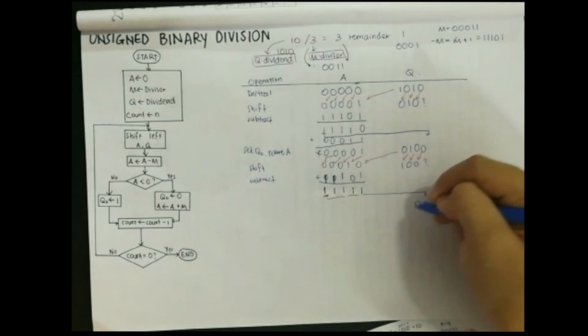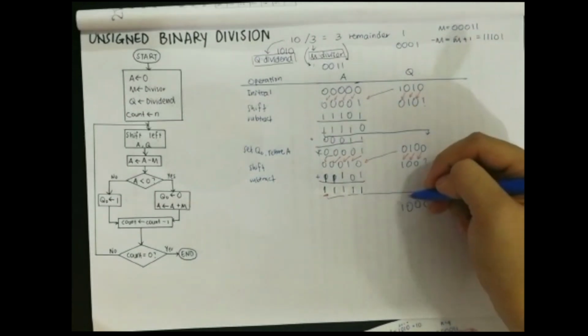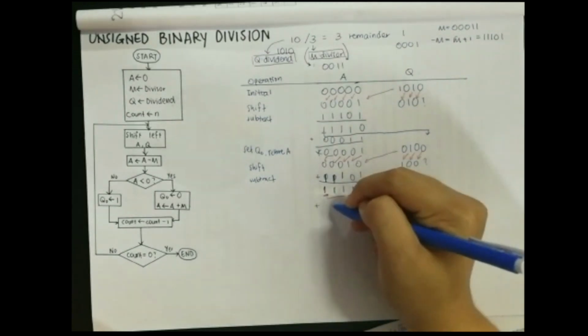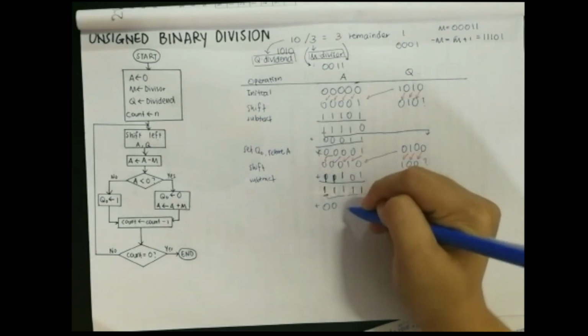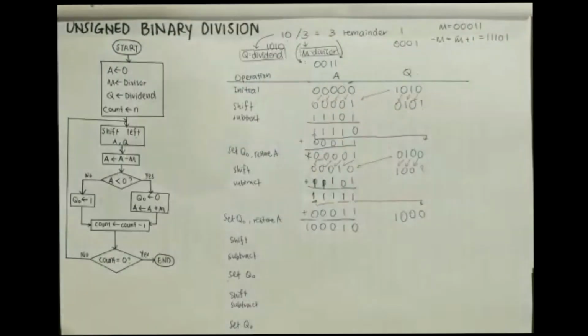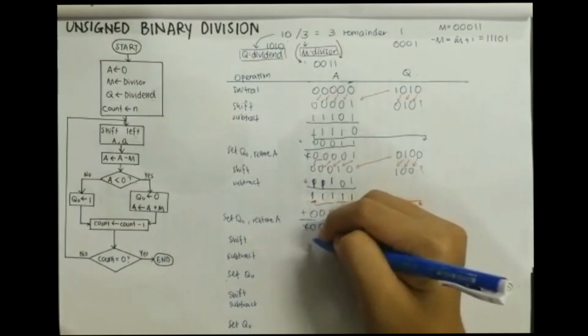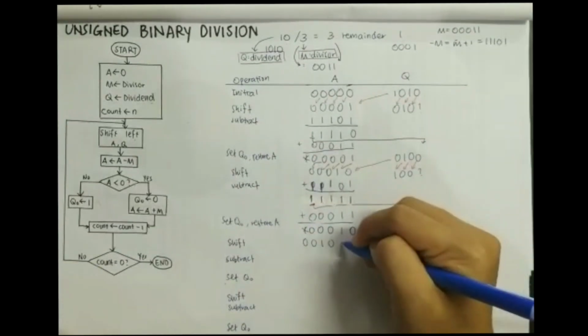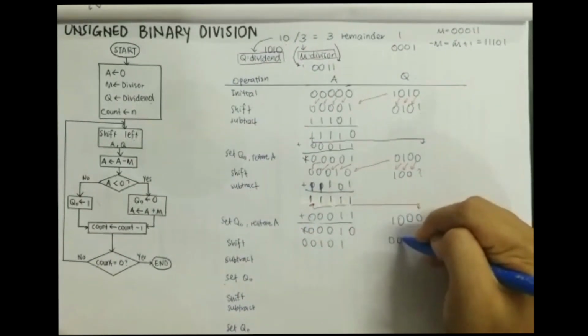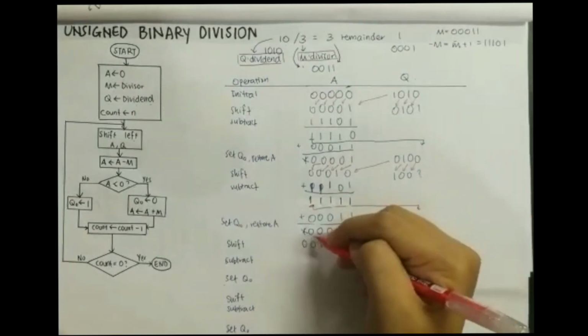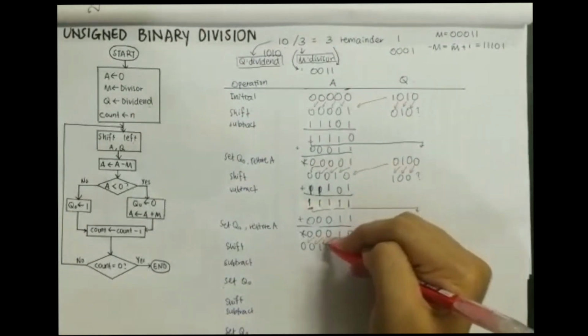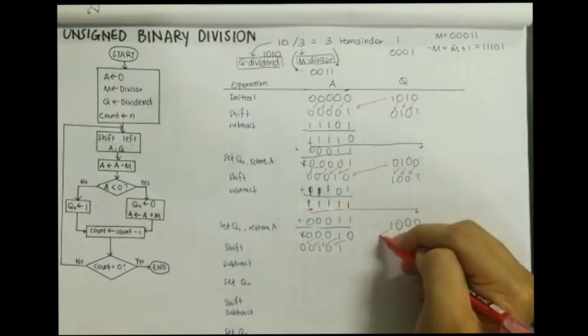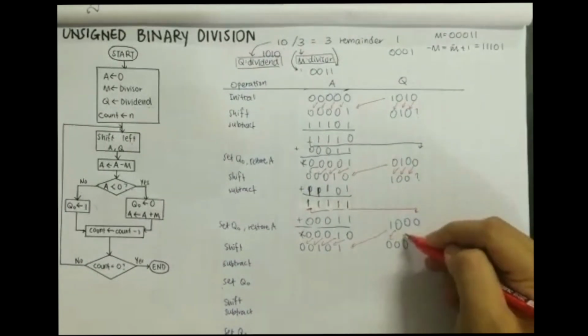Then M is added back to A to restore the previous value. After that, the count is decremented. Now, the A and Q registers together are shifted to the left 1 bit. M is subtracted from A to determine whether A divides the partial remainder.